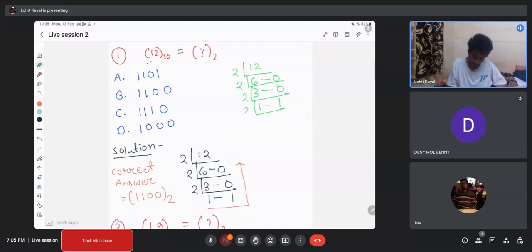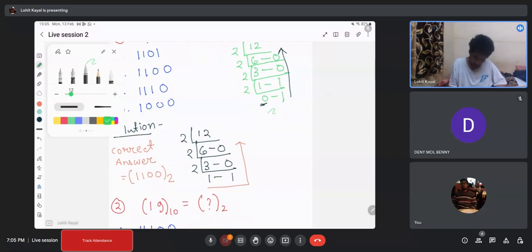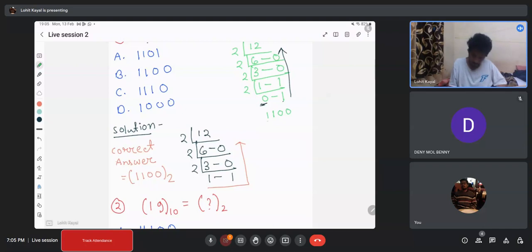Then you divide 1 by 2, you get 0 and 1. And we have to proceed like this. This last 0 doesn't mean anything, so we will start from here and go up to this 0. So what will be the answer? The answer will be 1100.